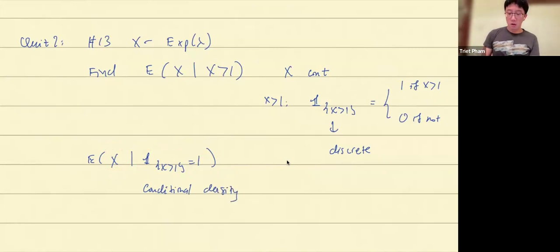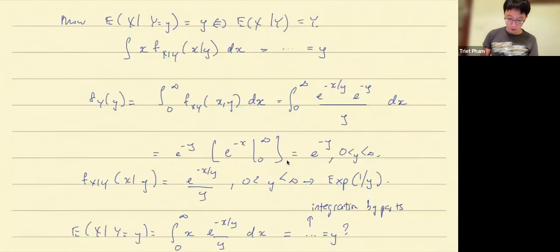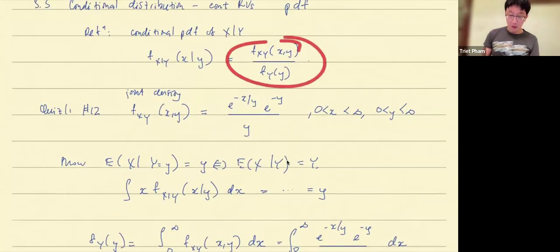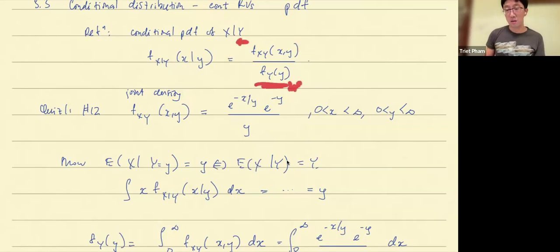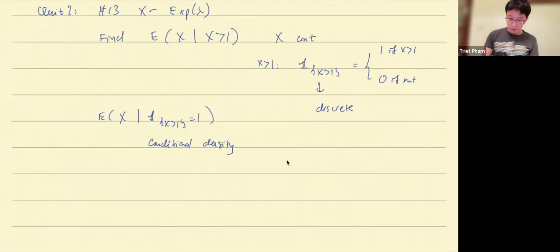The only thing is that it's not going to follow this type of nice formula, because the Y that we're conditioning on doesn't have a density. We're conditioning on a discrete random variable, so we just have to understand the meaning of it.